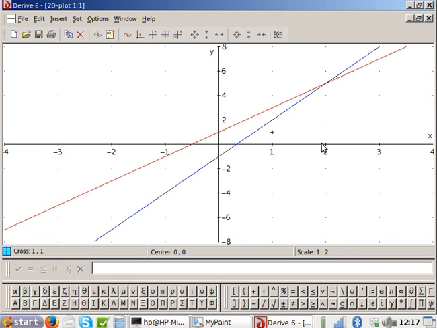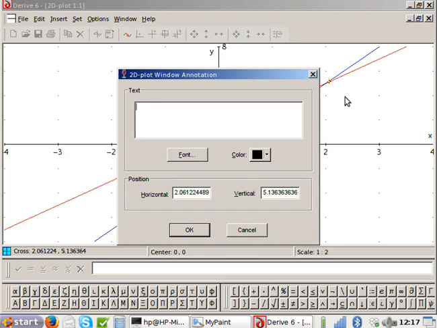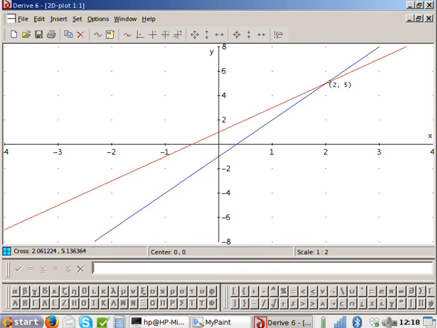These lines, are they going up or are they going down? Which ones? Are these going up or are they going down? Up. They're going up. And one starts positive and the other starts negative. Yeah.